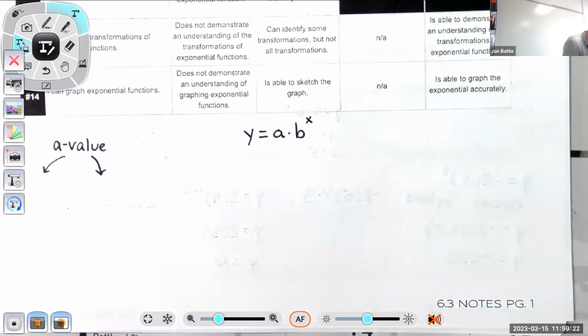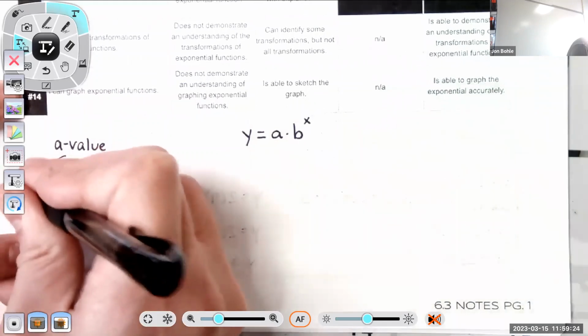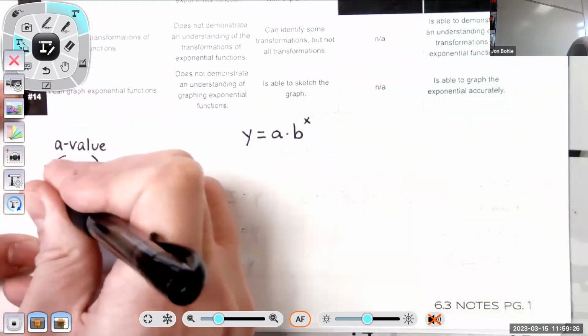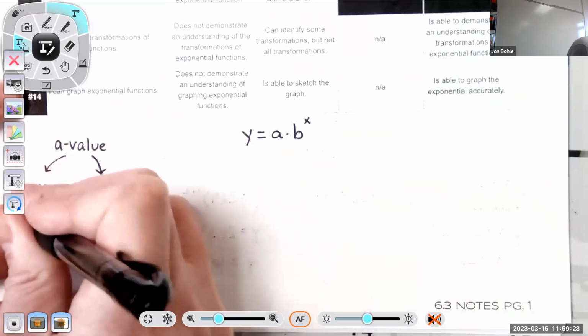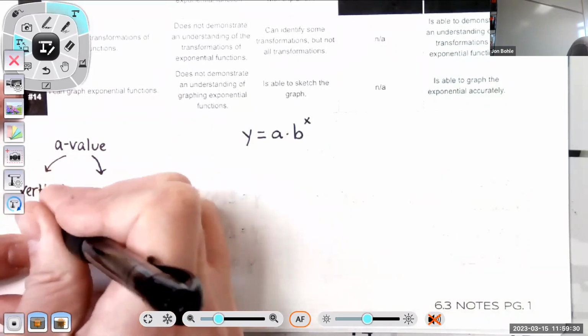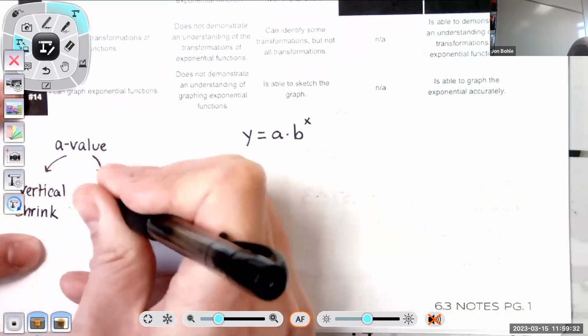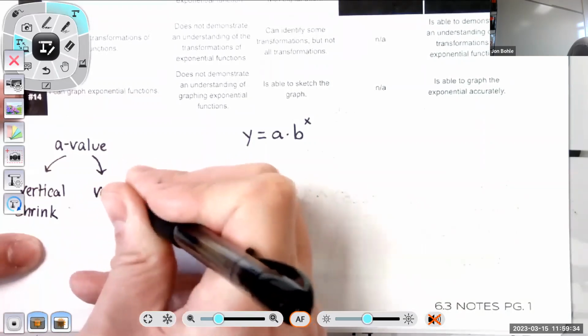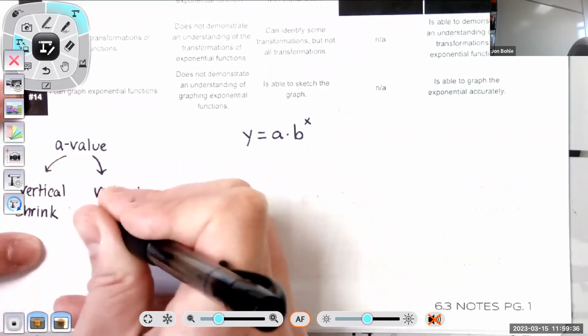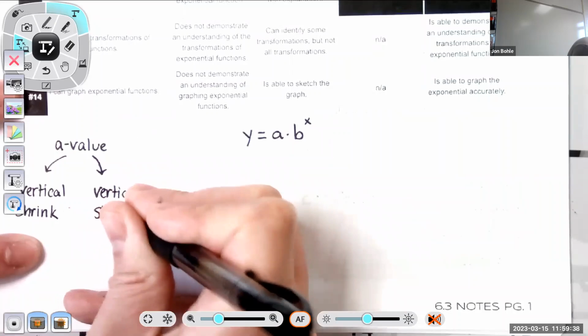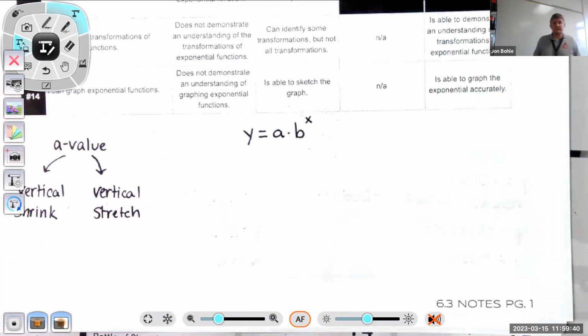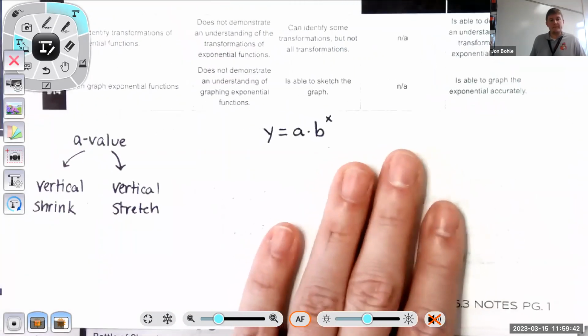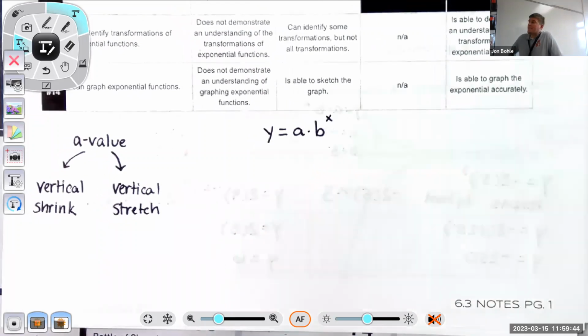Vertical stretch and vertical shrink. How can I look at that A value and tell whether it's going to be a stretch or a shrink?